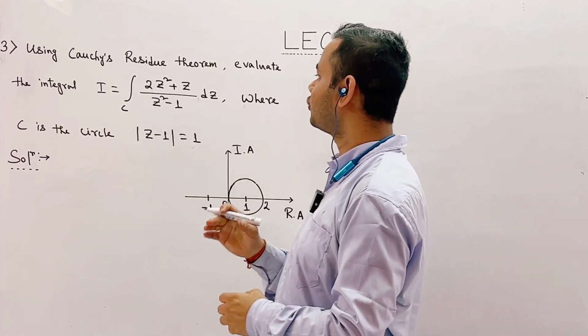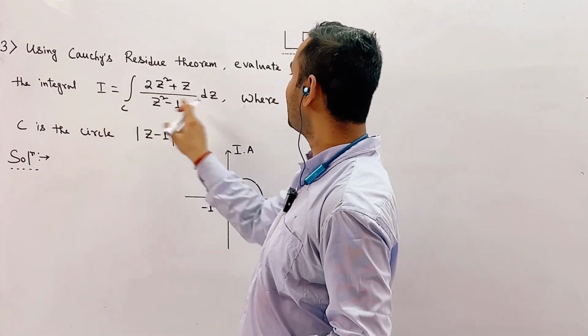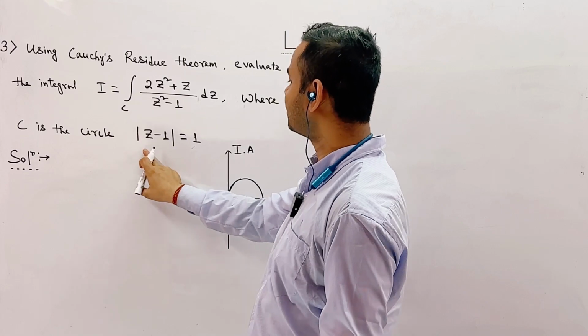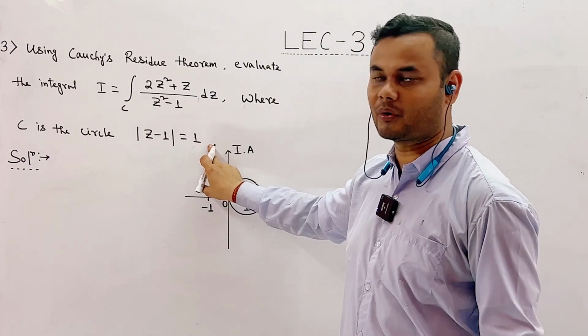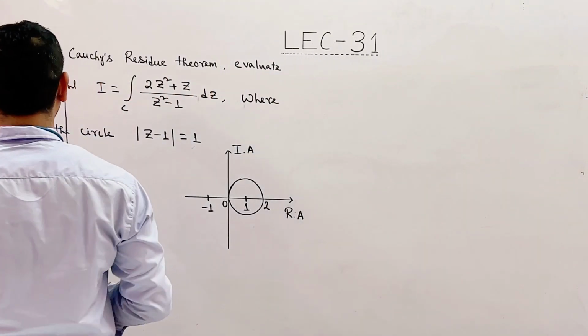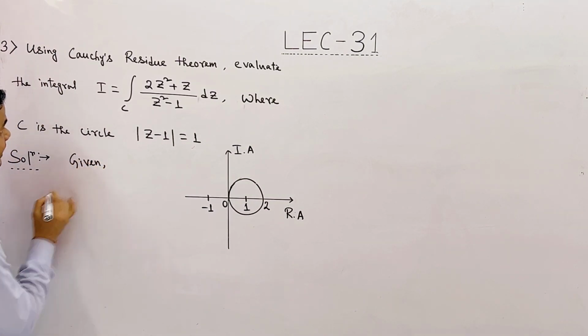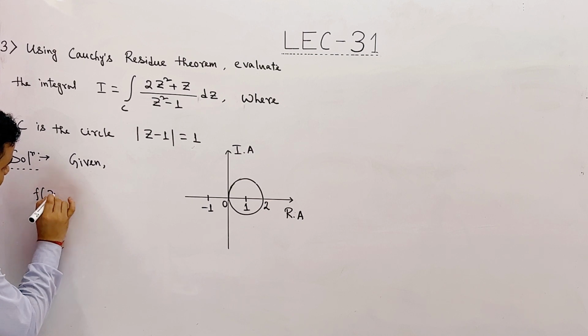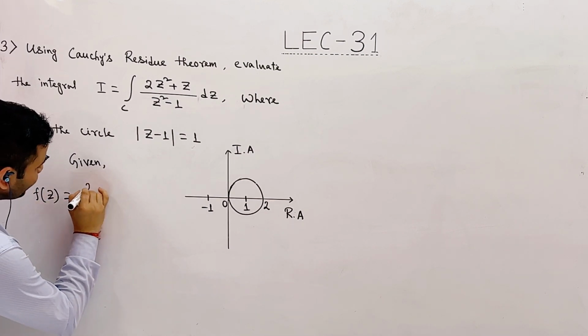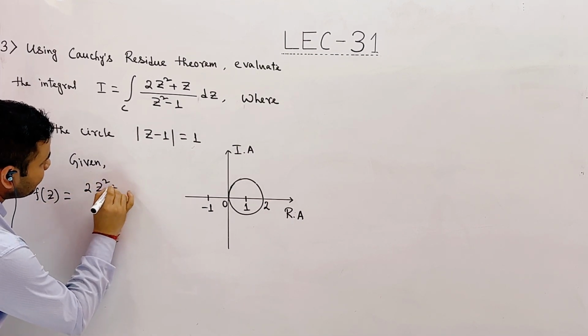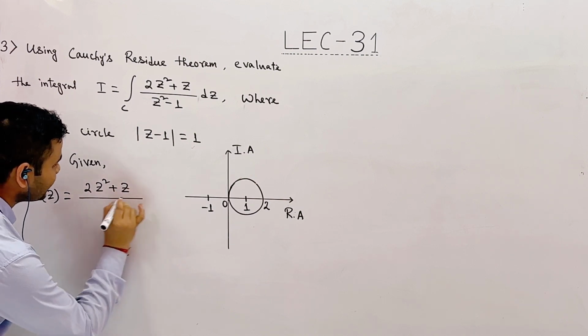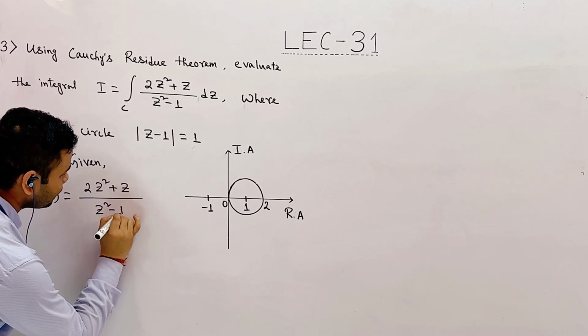According to this problem we have to evaluate this integral where C is the circle modulus of z minus 1 equal to 1. Solution to problem number 3. Given the complex function f of z is equal to twice z square plus z divided by z square minus 1.